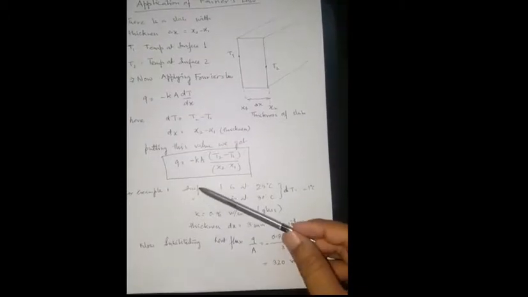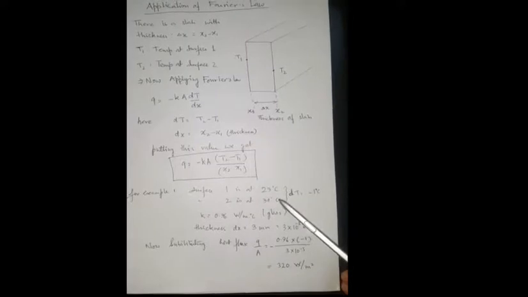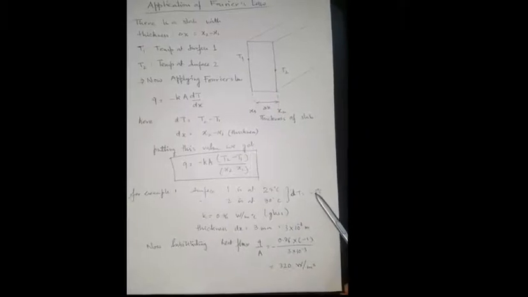Now to use it, we have an example here. Let me say that at surface 1 the temperature is 29, and at surface 2 the temperature is 30 degrees Celsius. Then dt is equal to 29 minus 30, which is minus 1, and K is 0.96, given for the glass, and thickness dx is 3 millimeter, which is 3 into 10 to the power minus 3.